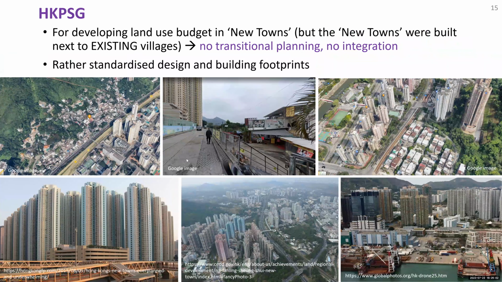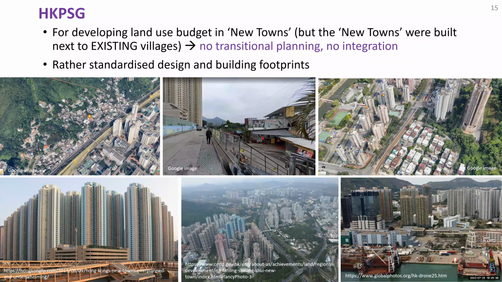As you can see, you have all these rural landscapes, but suddenly you have this mega development right next to the original villages in all the new towns. So there is no transitional zone, no integration, and no real process that our city has gone through to figure out how we should do transitional planning and rural-urban linkages.